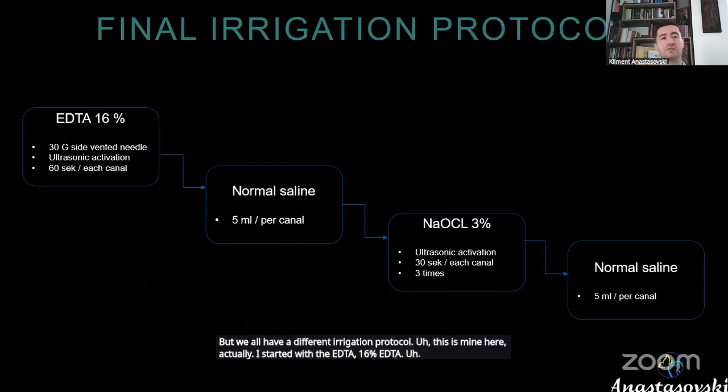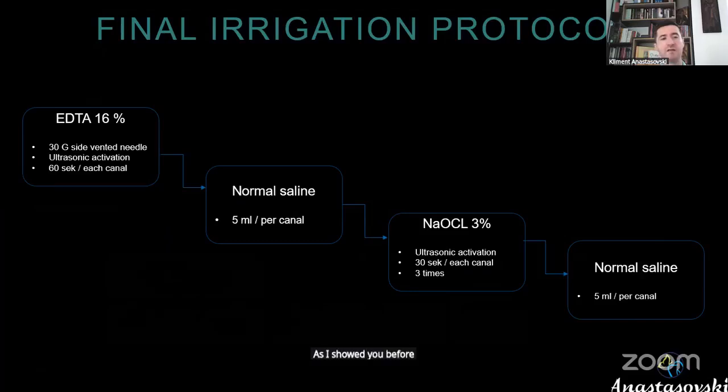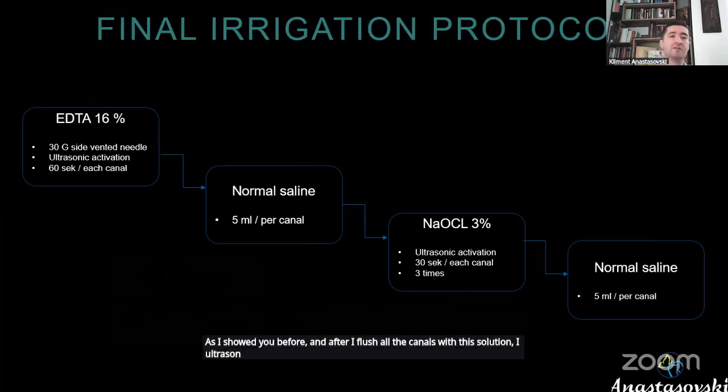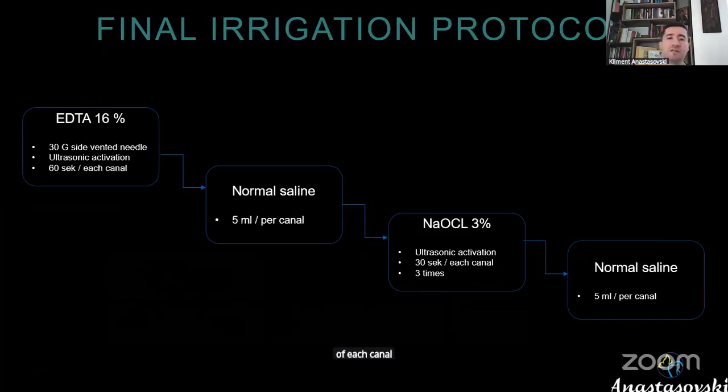I introduced this solution to the root canal system by using Fanta Dental's 30 gauge side-vented needle, as I showed you before. And after I flush all the canals with this solution, I ultrasonically activate it for 1 minute in each canal by using the Actor Pro ultrasonic device by Fanta Dental.